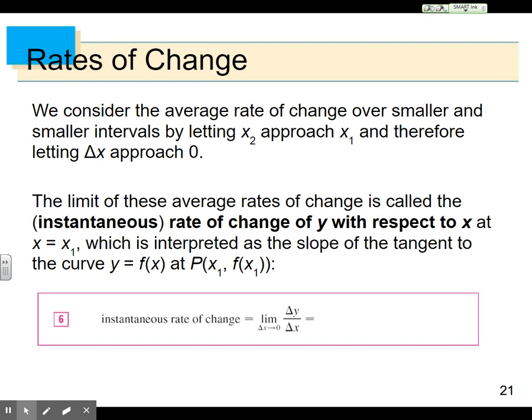And so I can interpret it as a slope of the tangent line to the curve at that point. So another way we can write it, so if I'm taking the instantaneous rate of change right here, it would just be the limit as x2 approaches x1 of my slope formula, or my rate of change formula is a better name for it.